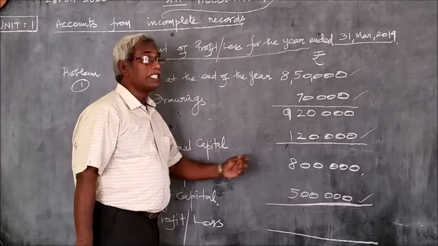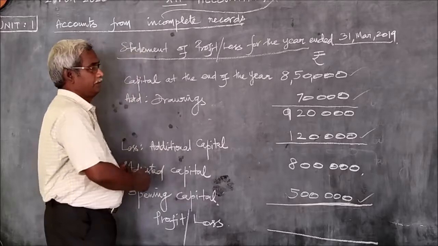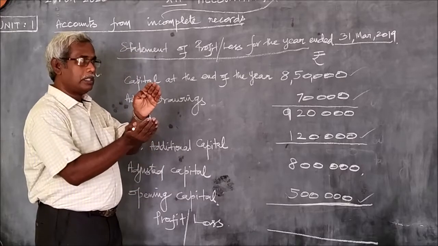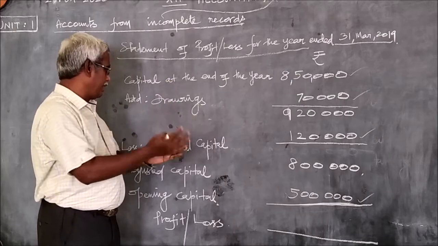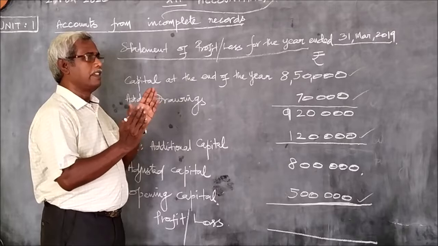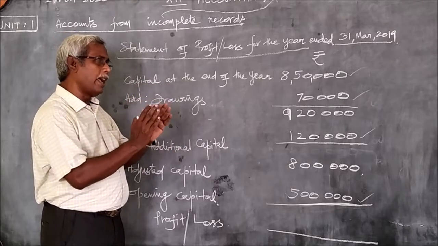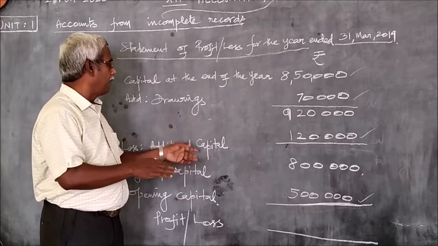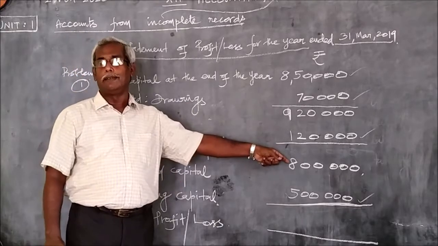So the answer is 8 lakhs, which is called adjusted capital. The drawings are added, additional capital is minus, and finally we have one capital which is adjusted after these 2 items.